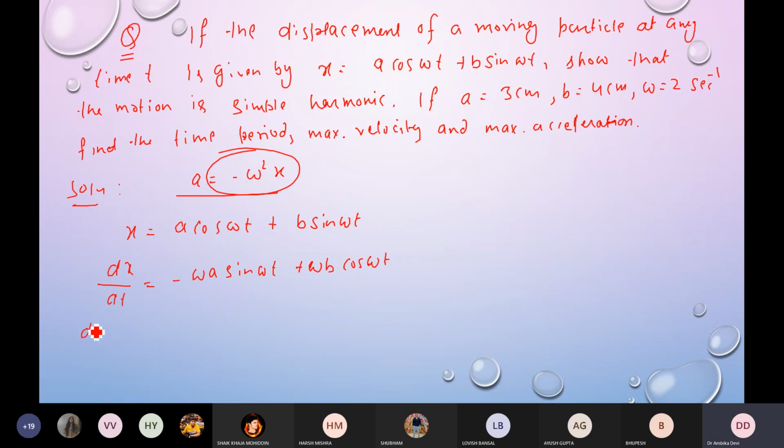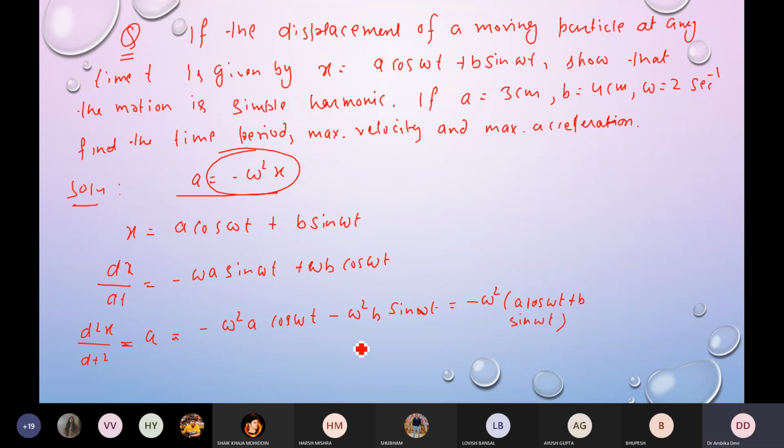If you again differentiate this, this will come out to be d2x upon dt square, which is acceleration, and which is further equal to minus omega square a cos omega t minus omega square b sine omega t, which is equal to minus omega square, taking it common, times the bracket a cos omega t plus b sine omega t.